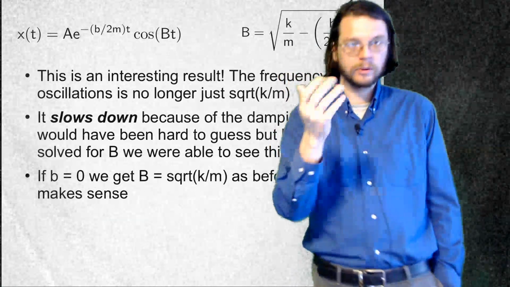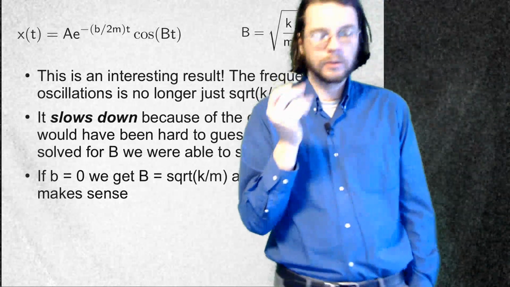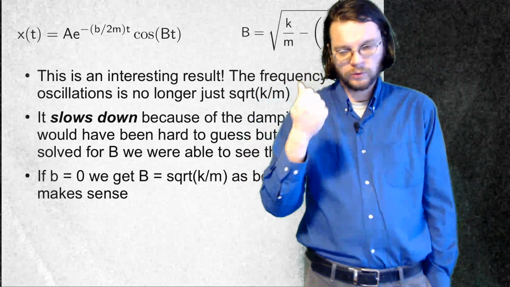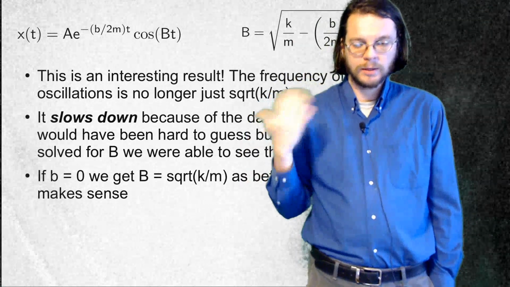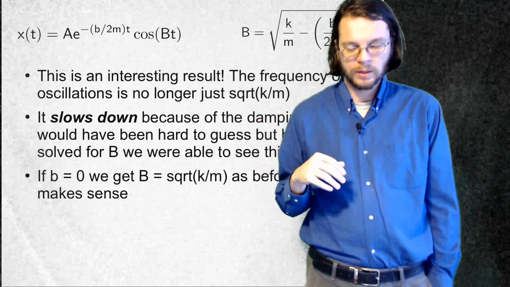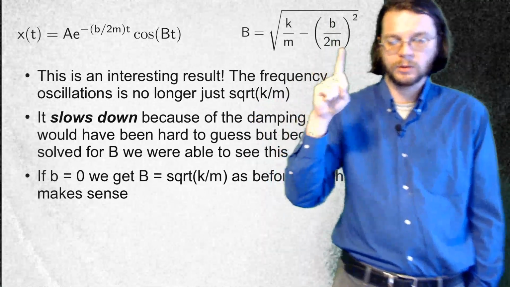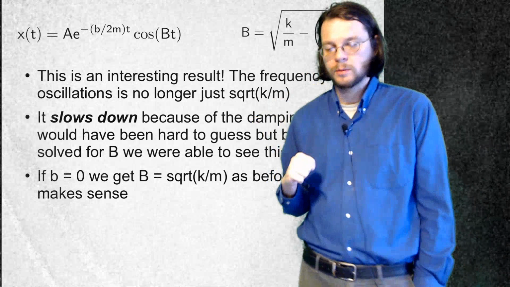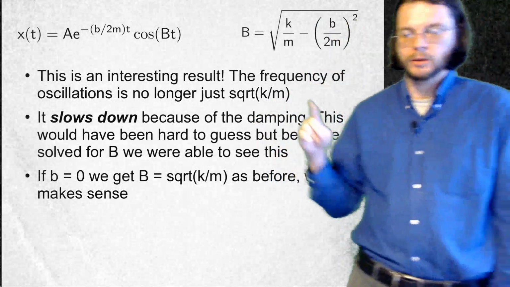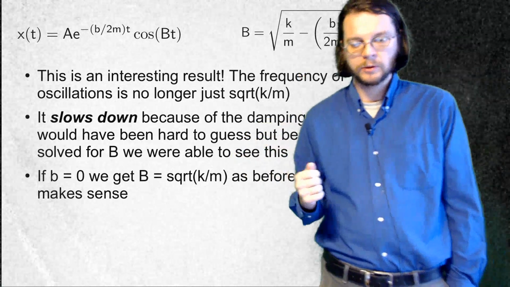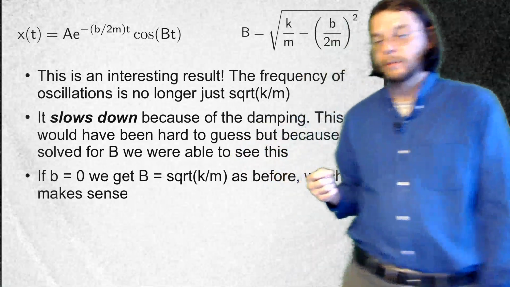So for example, the speakers in your sound system, when you put those up to full volume, they start rubbing up against things that they didn't before, and there are sources of damping that used to be small when the amplitude was small. But when you're cranking up as loud as you can because you're trying to see what your stereo can do, the damping becomes important.